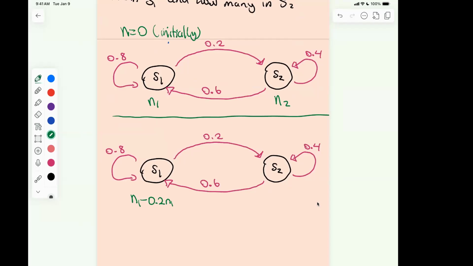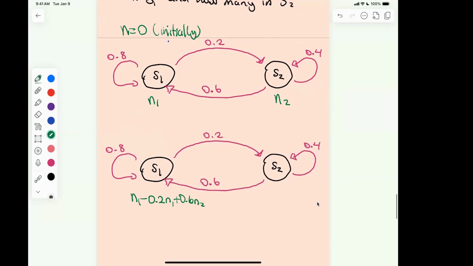And you're gaining 60% of the customers without a cell phone, right? So you are adding 0.6 of N2. Is that making sense? Kind of like how I made the calculation.